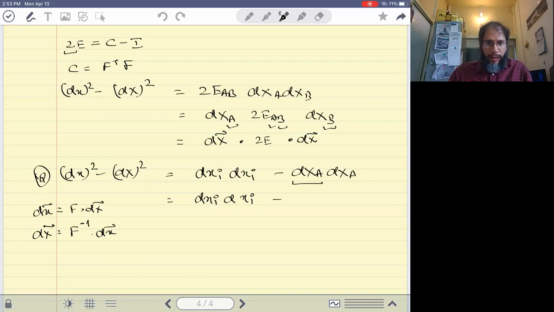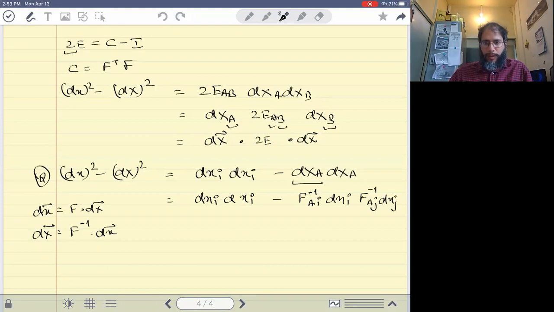Okay, so this helps us define d capital X in terms of d small x. So I can write this dXA as F inverse AI times d small xi, and I can write this F inverse AJ d small xj.